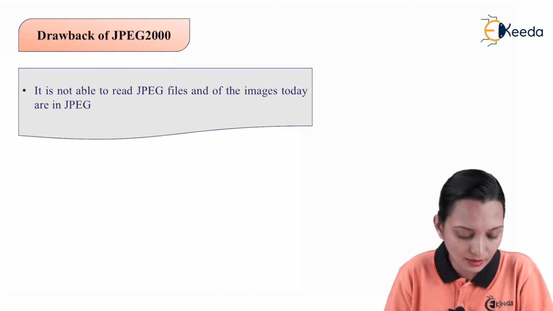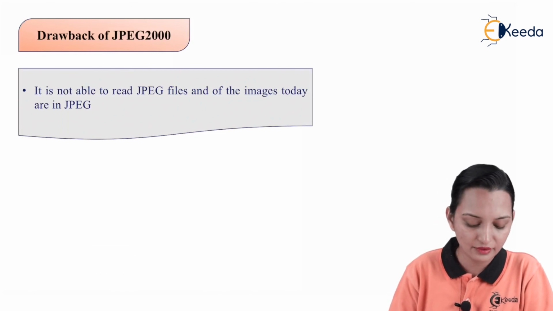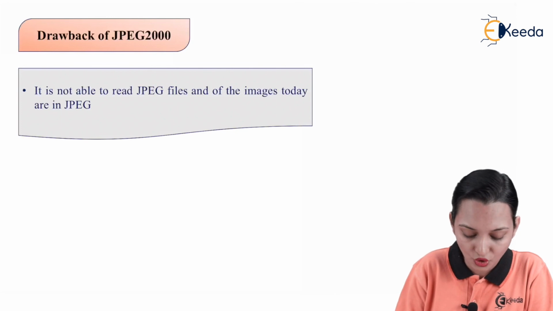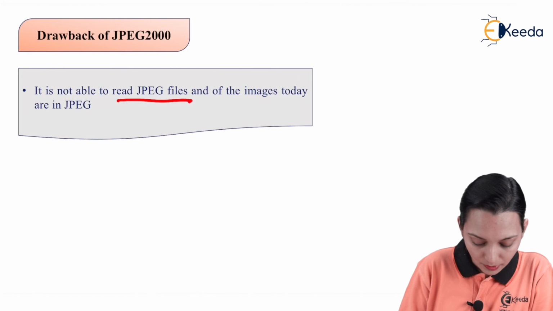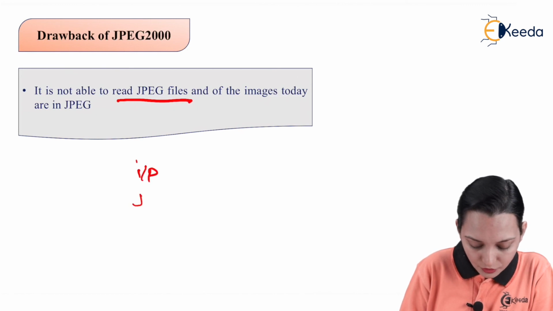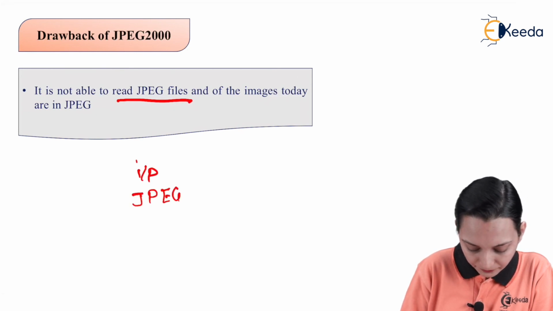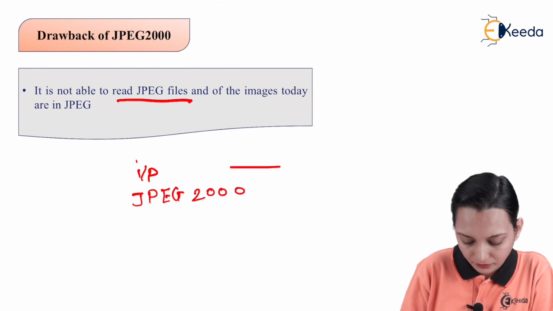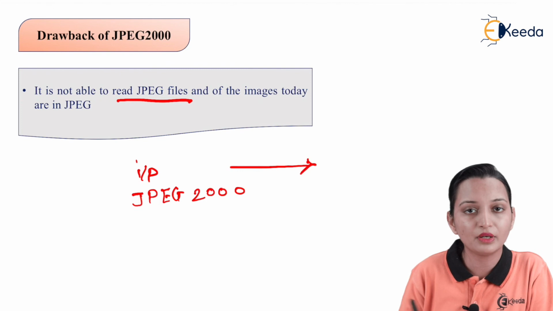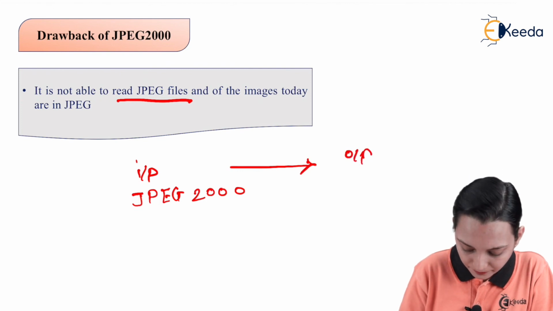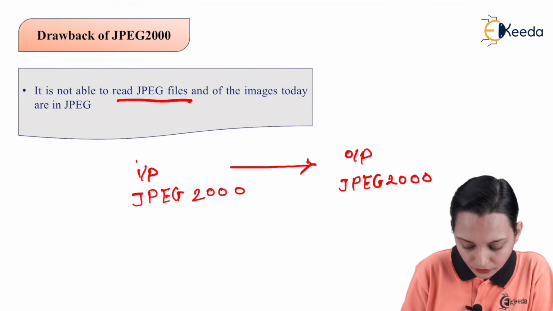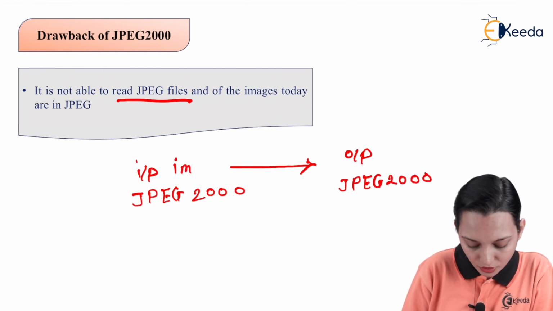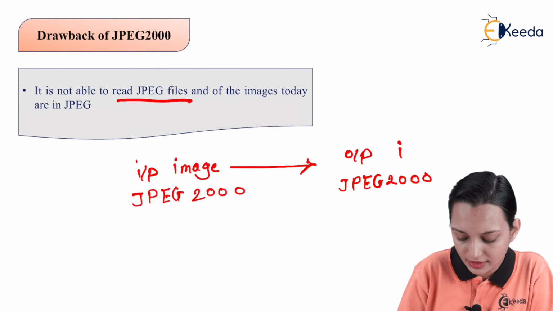Still, there is some drawback of JPEG 2000. And what is that drawback? It is not able to read the JPEG file. Suppose the input to JPEG 2000 is a JPEG file, and it will provide some output. This is any image, no need to worry about it.